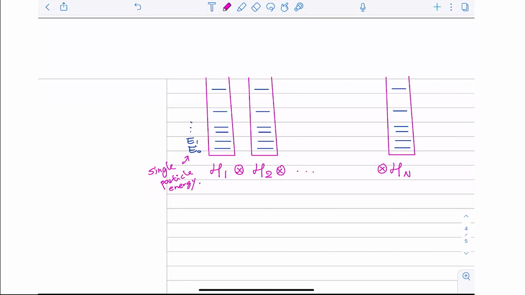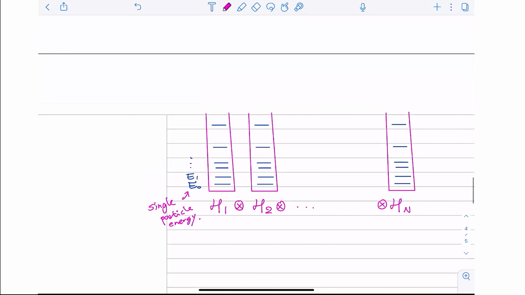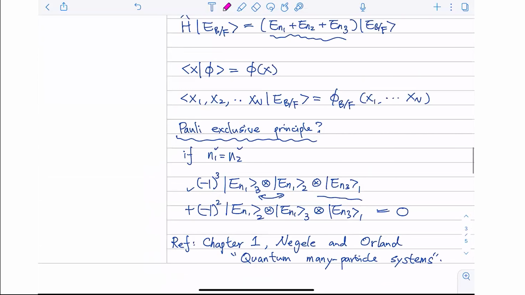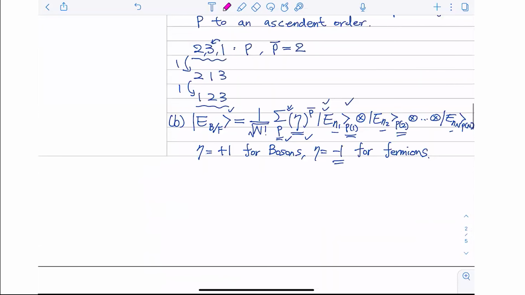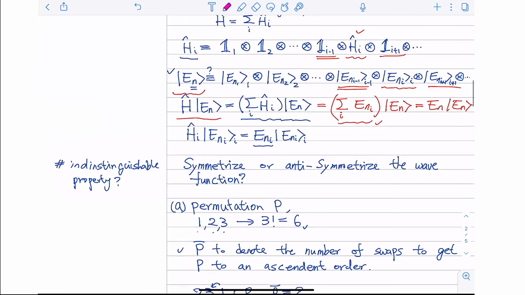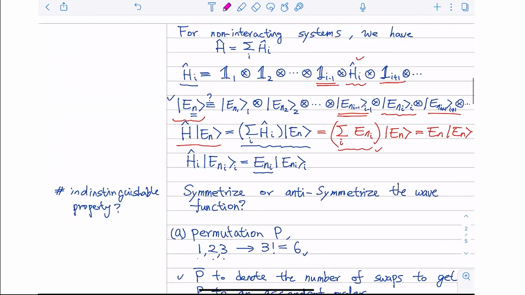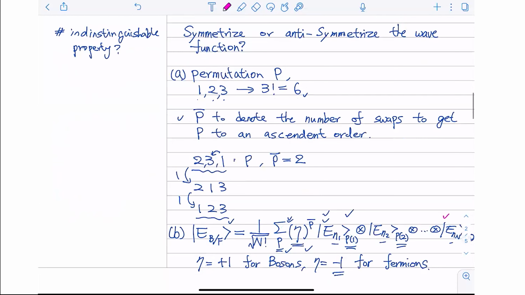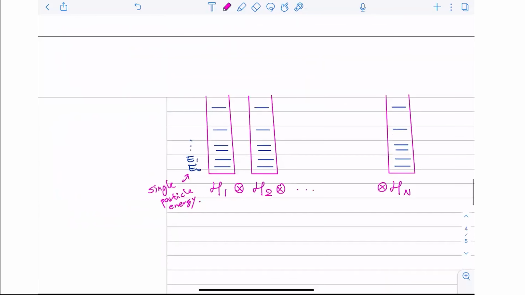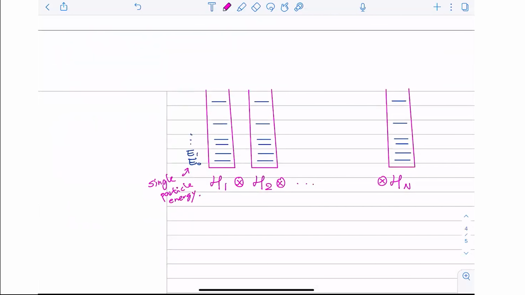Okay, and this is just a pictorial expression for this kind of state, because if we just think about one of these components, it basically tells us that we have energy En1 and energy En2 and so on, for all other possible configurations.